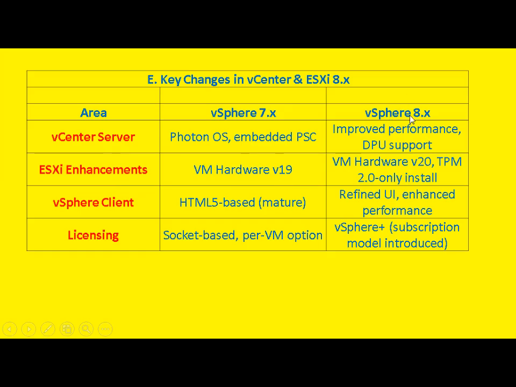In version 8, it has VM hardware version 20 plus TPM 2.0 install support. Then vSphere client: it is based on HTML5, a mature platform, and in vSphere 8 it is still on HTML5 but has a refined user interface and enhanced performance.